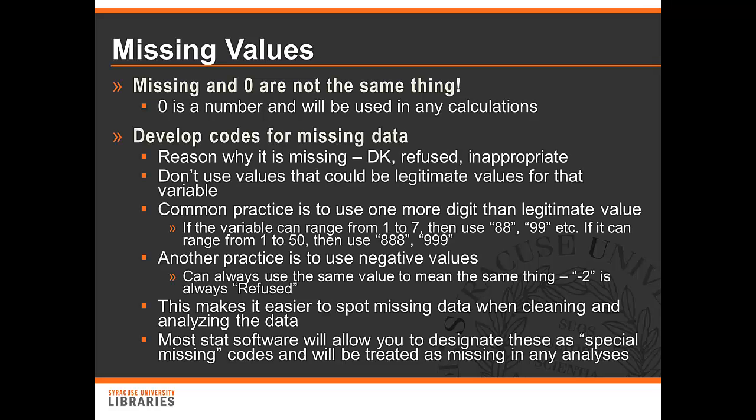Therefore, you need to develop codes and value labels for missing data. The code should describe the reason why the data is missing, such as when a person doesn't know or refuses to answer the question, or where the question was inappropriate, such as asking a man how many months pregnant he might be. When you do develop the codes, don't use values that could be legitimate values for that variable.